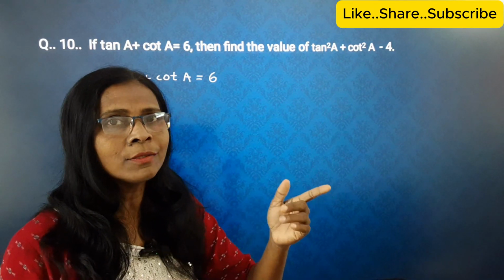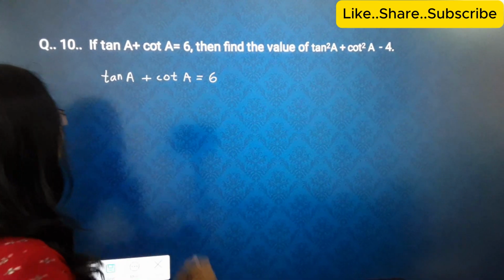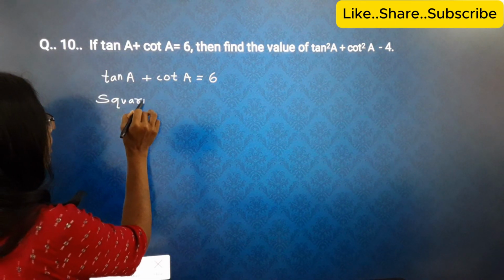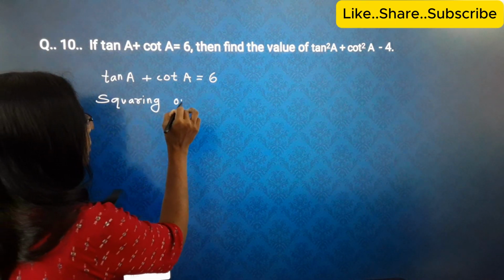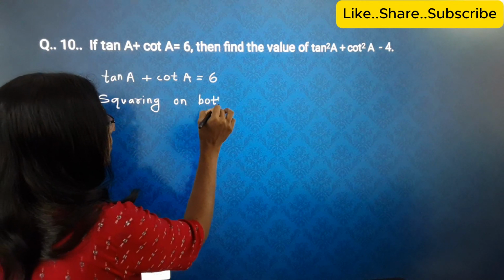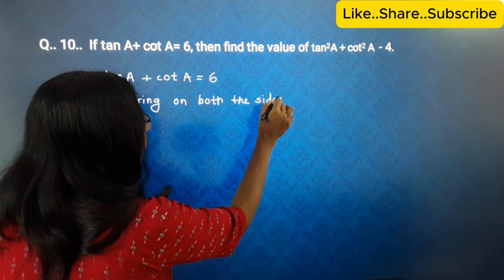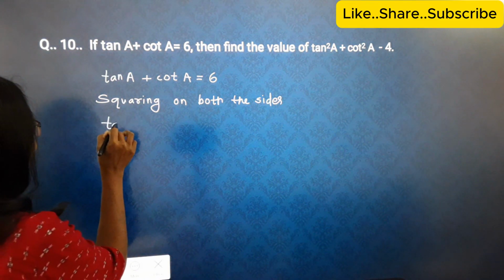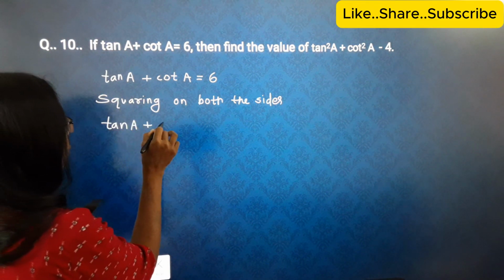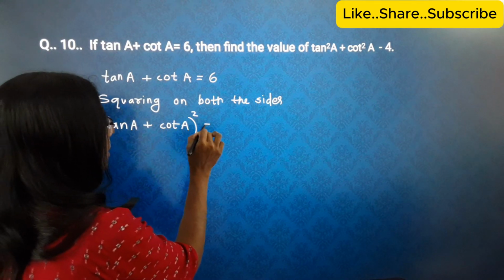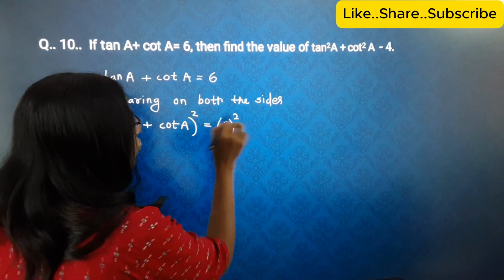Since there are squares, squaring on both the sides. So tan A plus cot A whole bracket square is equal to 6 square.